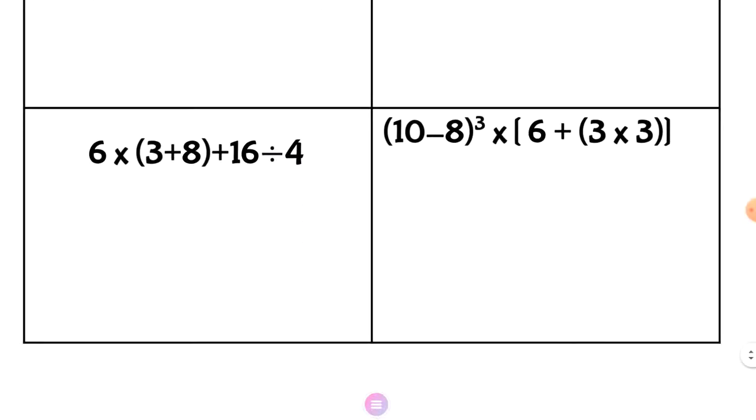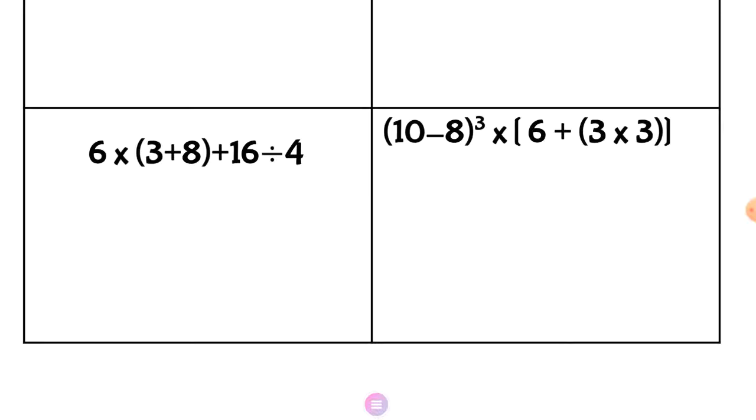Look at this last example. There's lots of grouping symbols. Look at the right side of the problem. Do you see how there's kind of 2 sets of grouping symbols and one of them's inside of the other one? Dylan, which problem there do you think is the innermost problem? 3 times 3, because it's kind of the set of parentheses inside of the other parentheses, okay?